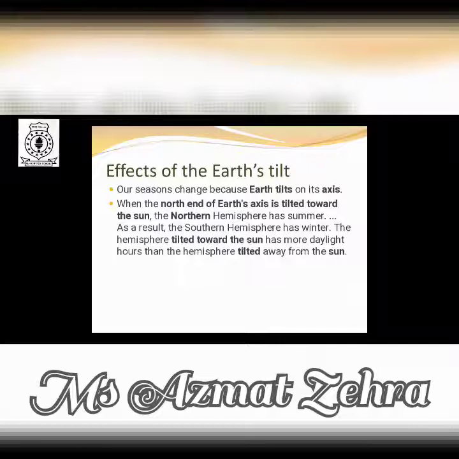In the meanwhile, the Southern Hemisphere has winter. It means at the same time of the year, the Northern and Southern Hemispheres do not have the same seasons. When the Southern Hemisphere has winter, the Northern Hemisphere has summer.